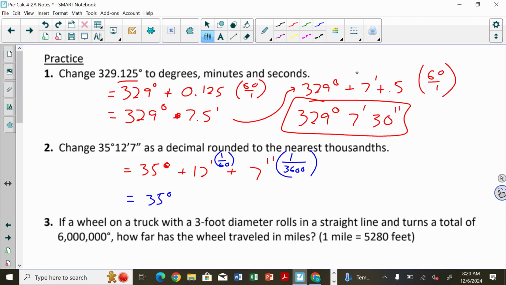The 12 times 1/60th is going to be plus 0.2, and 7 times 1/3600 will be 0.002. Then I combine those and add them up, and it's going to be equal to 35.2002.